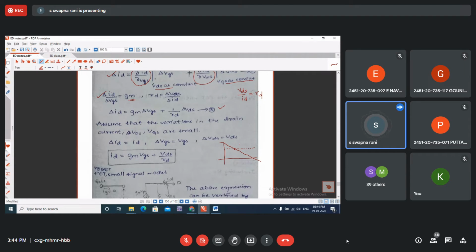Small signal model of FET means the variations in the drain current, variations in the drain voltage, variations in the VGS are very, very small.